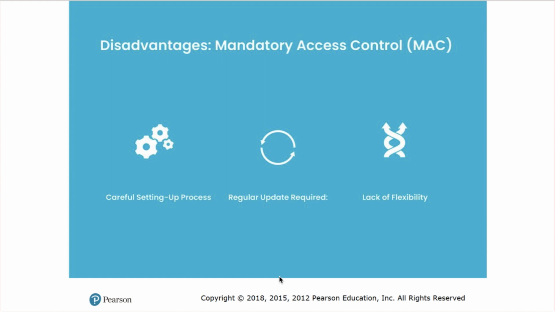So before the system could be commissioned using MAC, it needs to be fully functional, with no loopholes, all the checks in place, all the labels, security classifications, user assignment to the classifications, and all the data that needs to be protected catered for before this type of system could be commissioned.